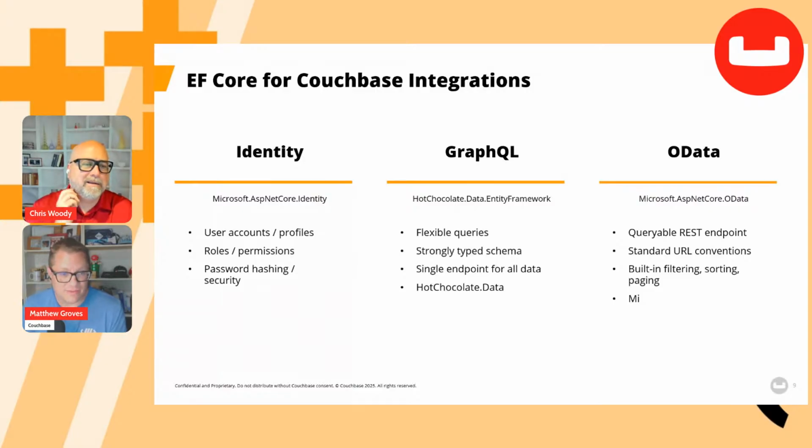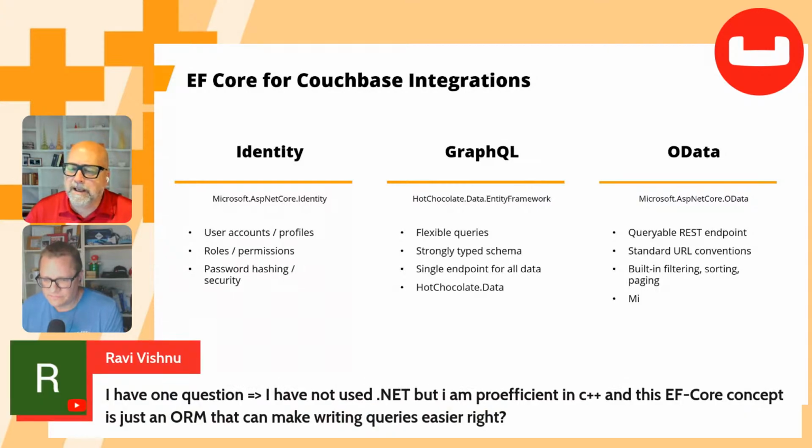And finally, hey, Matt. Yeah. Hey, Matt, we do have a question from Robbie in the comments. He's not a .NET person, but he's proficient in C++. So yes, C++ probably has its own library or libraries that act like EF Core for doing ORM type of functionality.